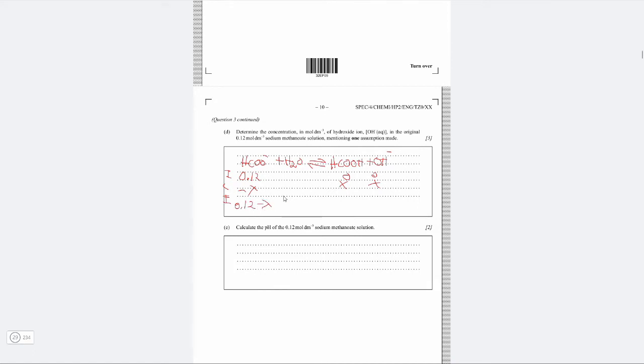0.12 minus x, and then x and x. And you ignore water because the Kb expression here is products over reactants for the equilibrium, but Kb equals the K times the water. So the water is just moved to the other side, so you just ignore the concentration of water. And now you just set up the equilibrium expression, where you have x squared over 0.12 minus x.